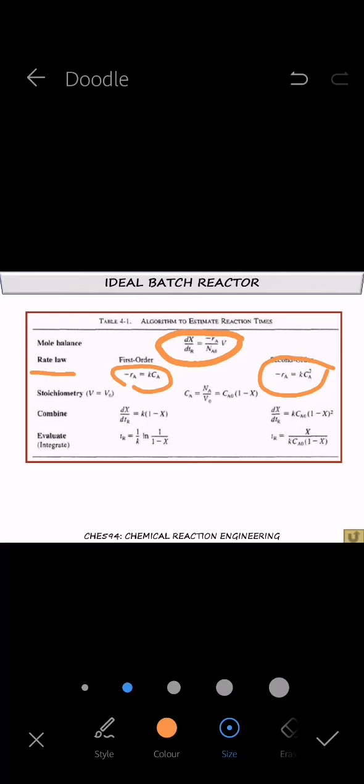So for example, we have a first order chemical equation.